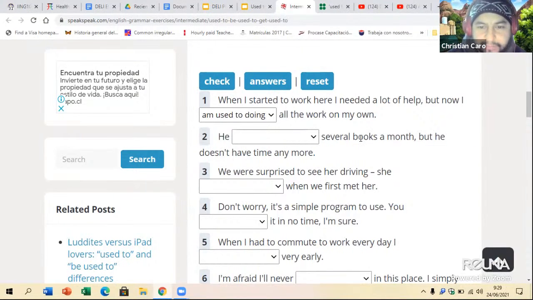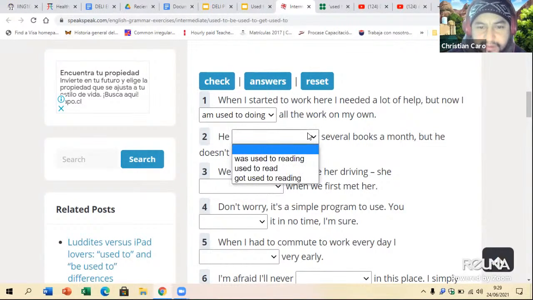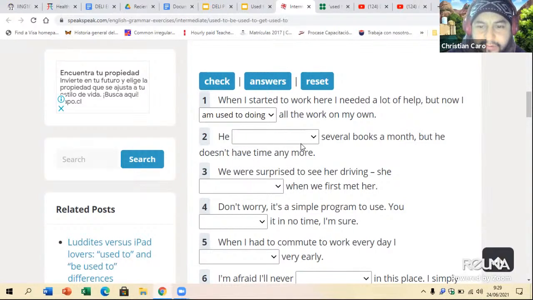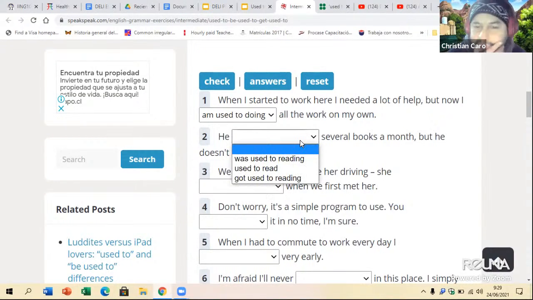Uf, nos queda un minuto ya. Apuremos la causa. He was used to reading. He used to read. He got used to reading several books a month, but he doesn't have time anymore.